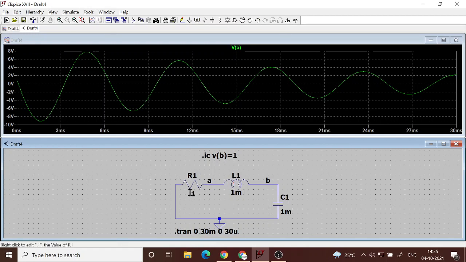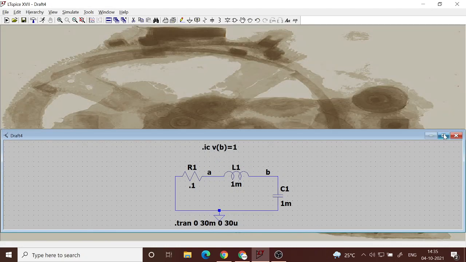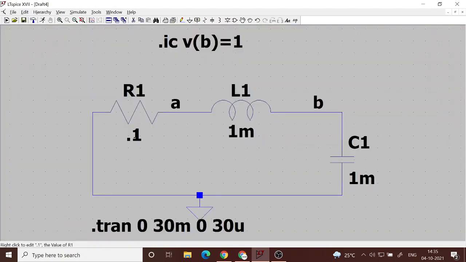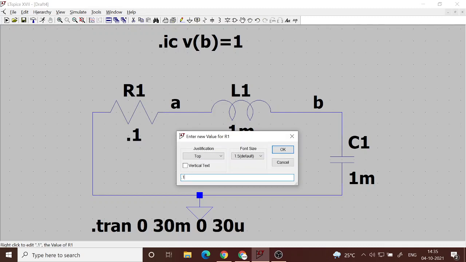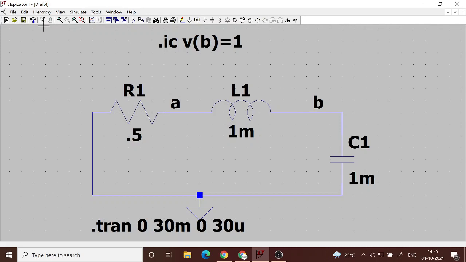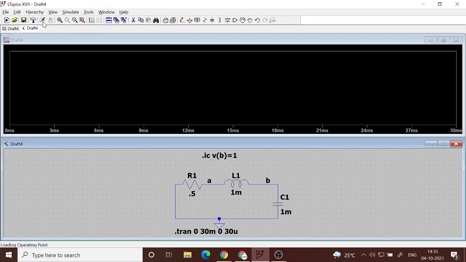So you can have control of this oscillation by increasing or decreasing the resistance. The resistance is what determines whether there will be oscillations or not, and you can derive what the value of resistance should be, like we studied earlier, which is required for oscillation and no oscillation. I think I discussed it already.